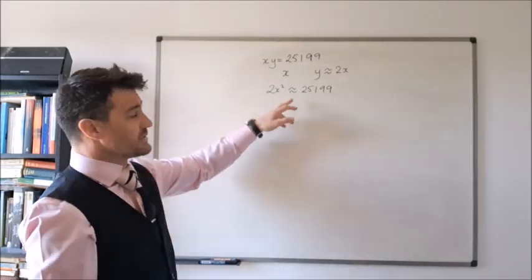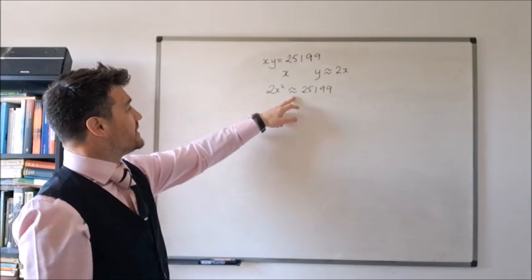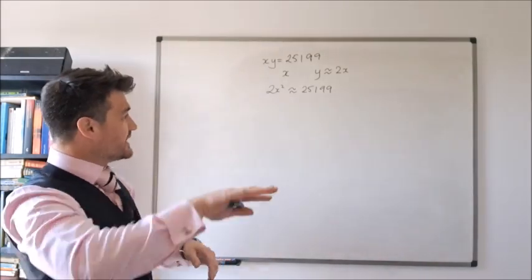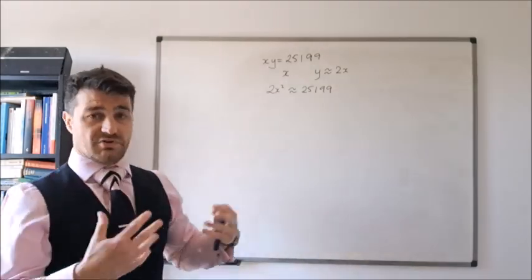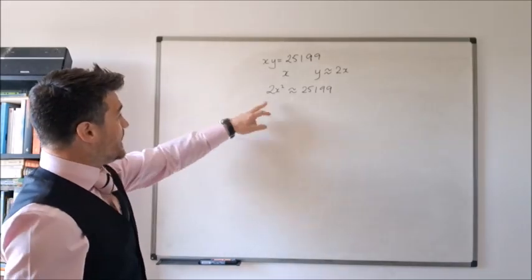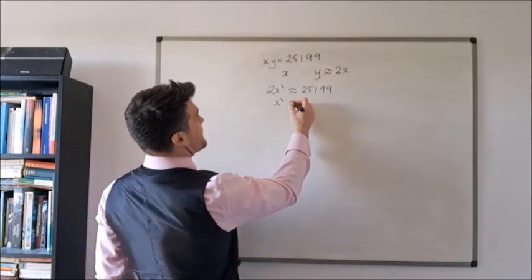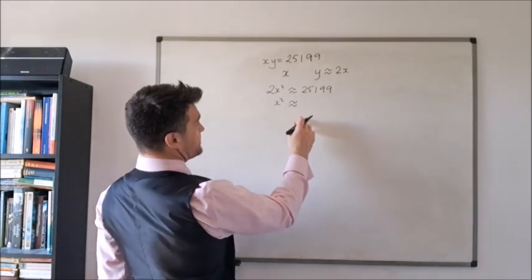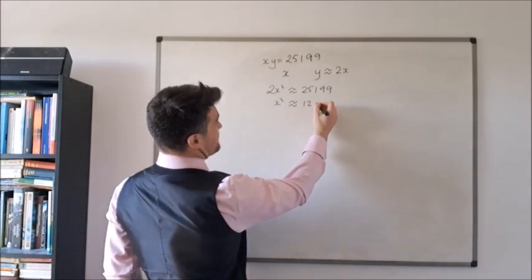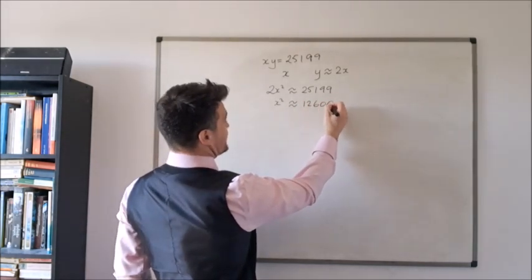We often use a wavy equal sign to indicate approximately equal to. So that means that x squared is going to be approximately equal to, let's say, 12,500, 12,600-ish.